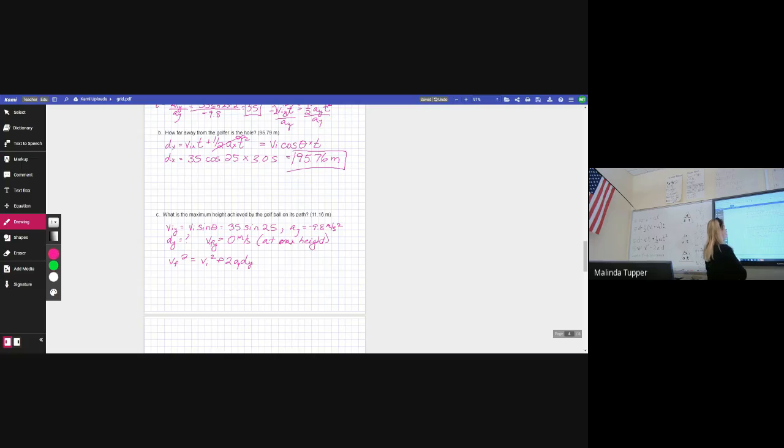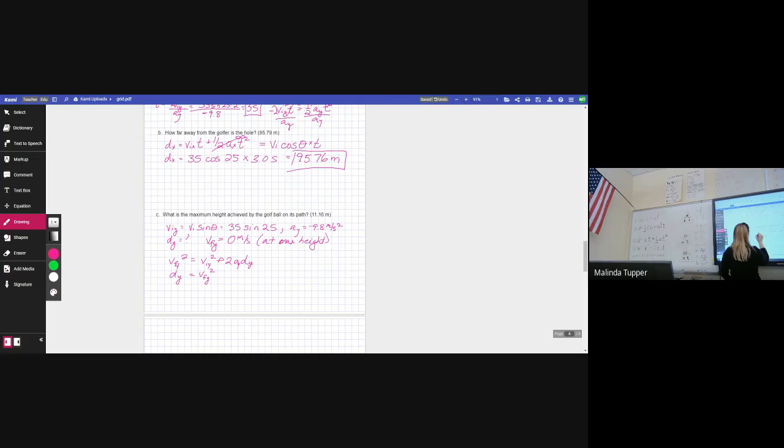The final velocity in the y direction squared equals the initial velocity in the y direction squared plus 2 times ay times dy. dy is what I'm trying to find, so I'm going to rearrange this. dy is vfy squared.